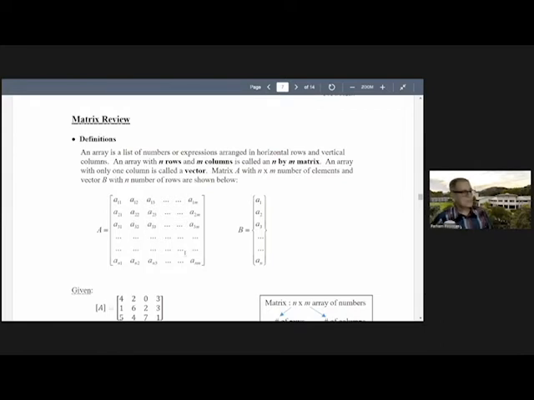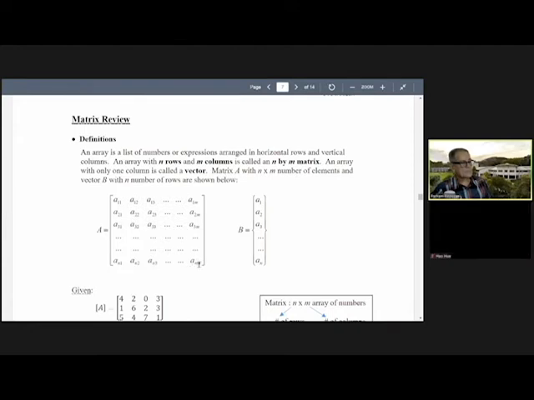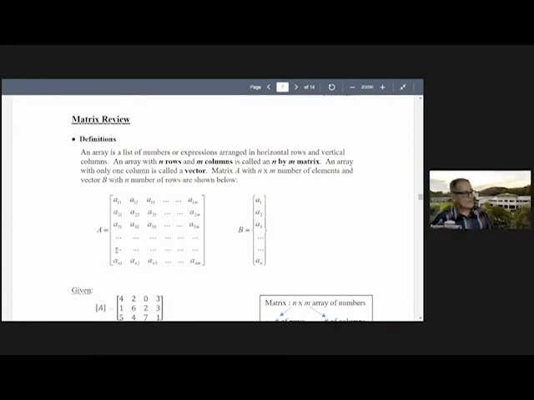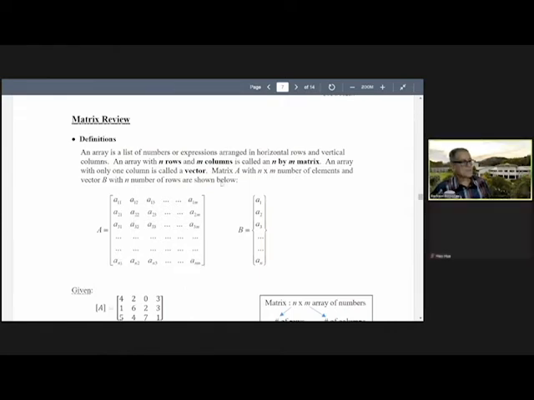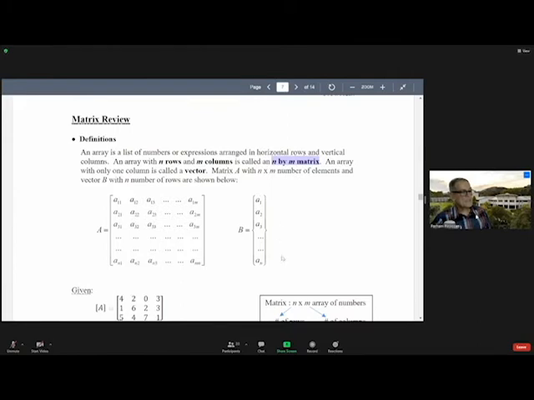Now, this is a matrix. It is n by m. This has n rows and m columns. This matrix is called an n by m matrix. This matrix, on the other hand, is an array of only one column.